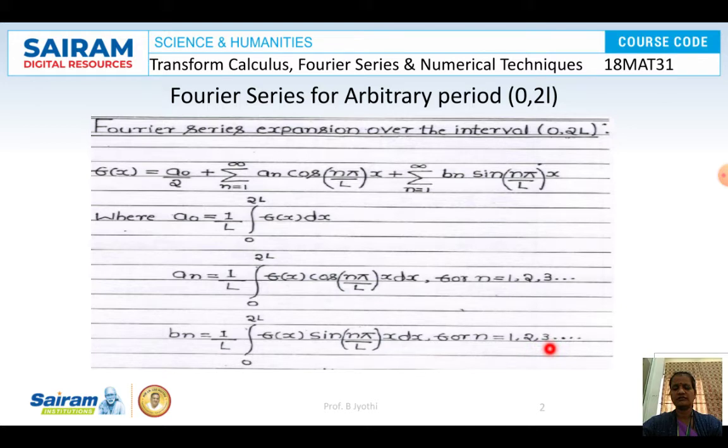This is the formula for finding a0, an and bn, and later it has to be substituted in f of x.